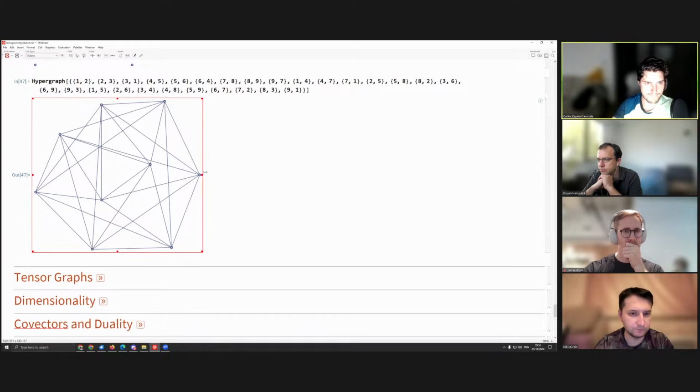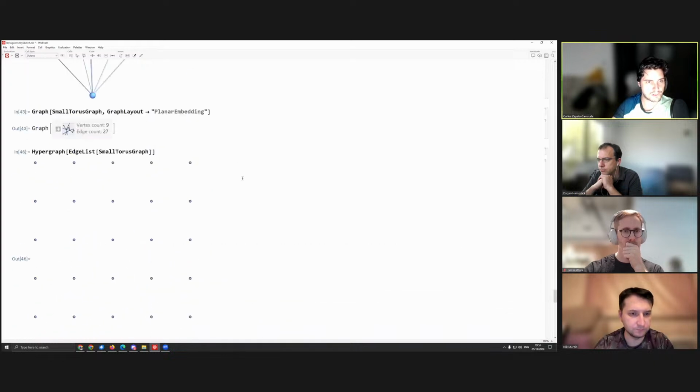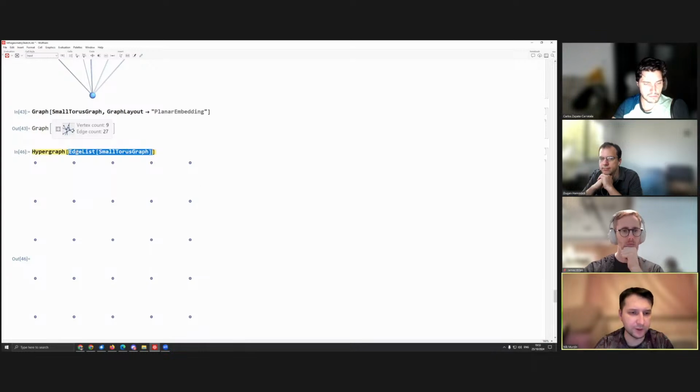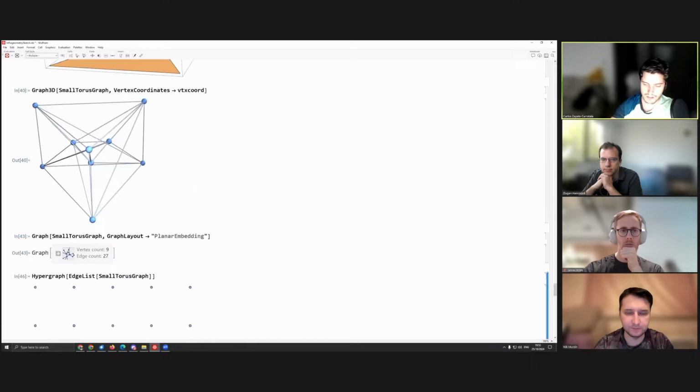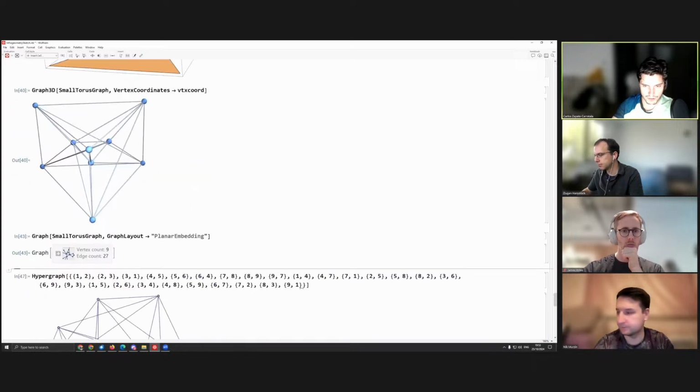Huh. Well, edge list returns the actual edges, not the thing. You have to map apply list. Okay. Well, so, and I can actually use the.